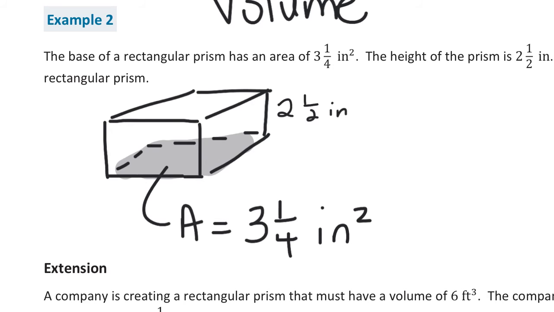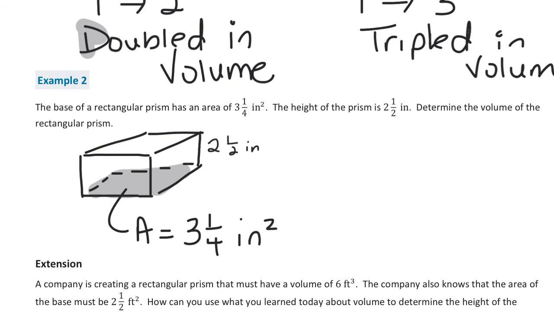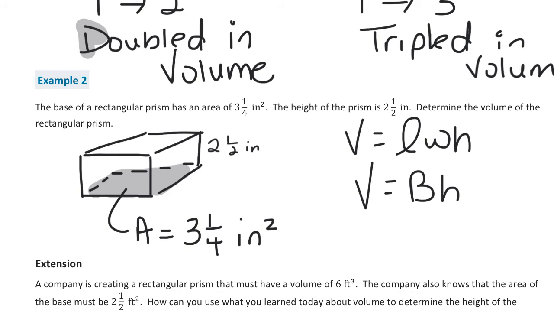So to find our volume, we have 2 formulas to choose from. We could do length times width times height, or we can do the area of the base times the height. So I want you to think about what they gave us and which of those 2 formulas would work.